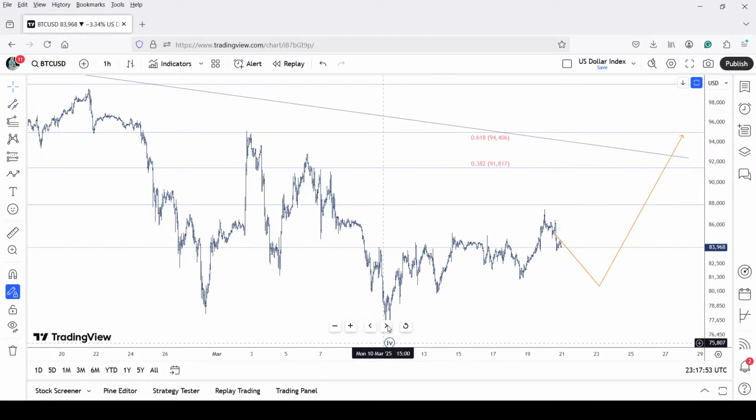But if it is, I don't think it's a leading diagonal. Maybe wave 3 is not just the required points. So let's wait for further correction.